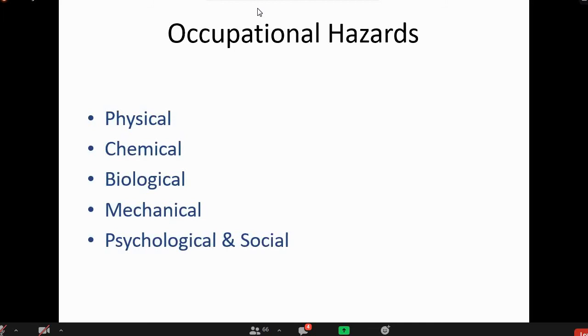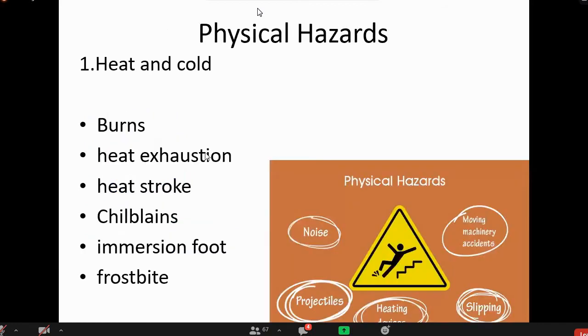Okay, as I said earlier that I'm going to explain, the occupational hazards could be of different types: the physical, chemical, biological, mechanical, and psychosocial. These are all the environments that we've talked about, and now we are going to go into detail on what could be hazardous for anybody who's working. So when we are talking about heat and cold, of course heat causes burns.